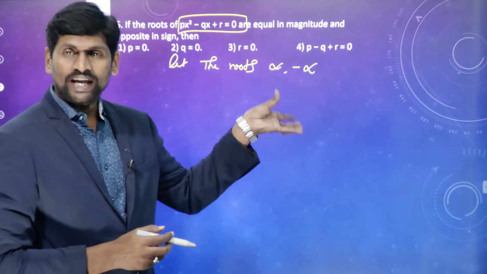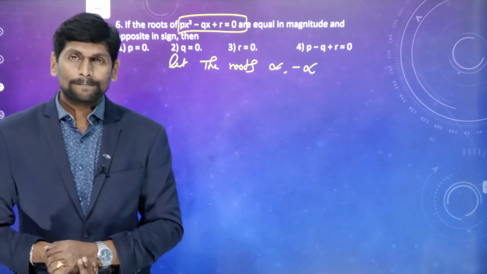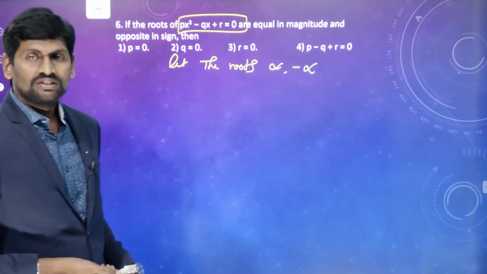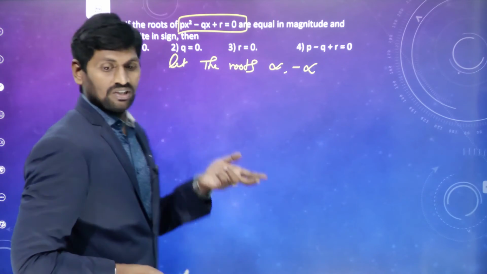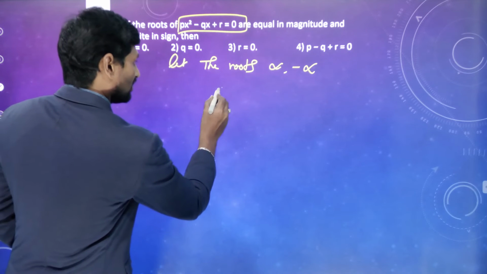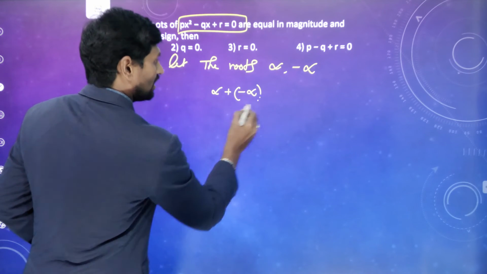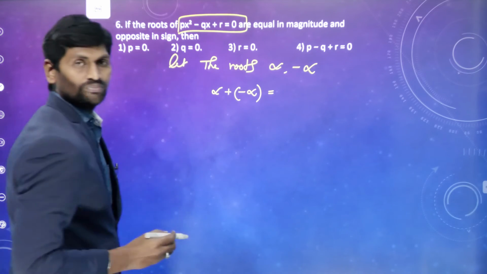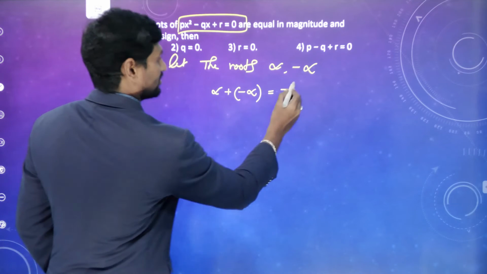Same way here also, to cancel it, what should I use? I will say sum of roots. We have only two options, one is product of roots, second one is sum of roots. So sum of roots formula is minus b by a. First root alpha, second root minus alpha, that equals minus b by a. Minus b value is minus q.